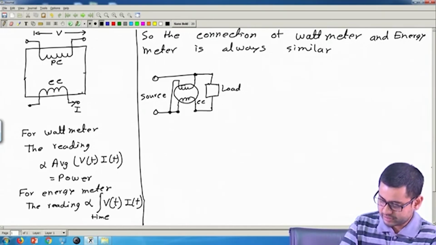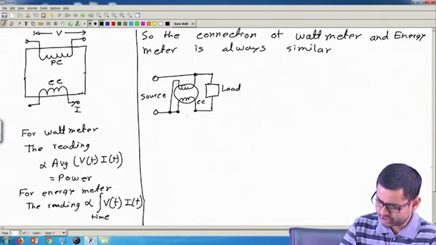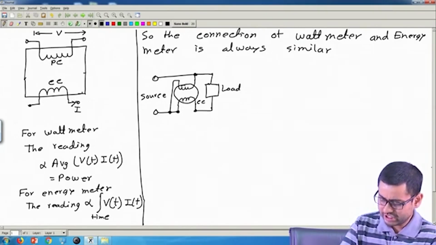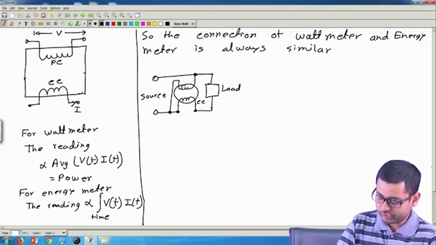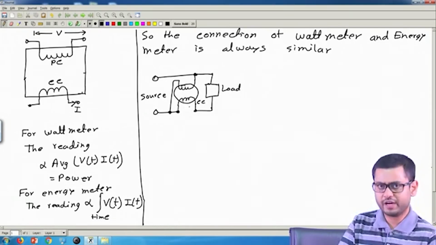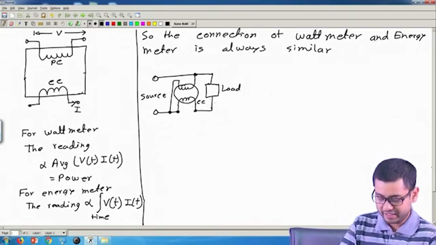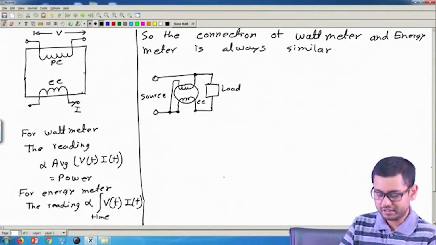Ignoring the small error due to the fact that the voltage measured by this is right now the sum of this voltage drop plus this voltage drop. So for now let's ignore the small drops or the errors that we have discussed in detail. For that we can have a compensating mechanism, a compensating wattmeter.